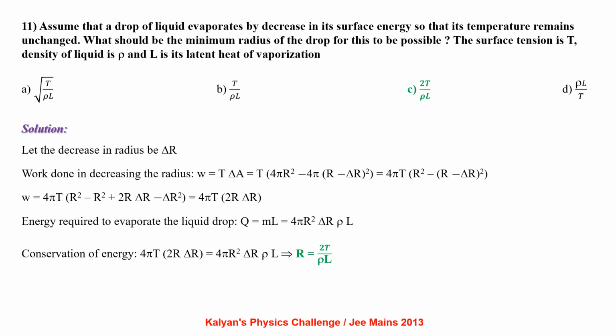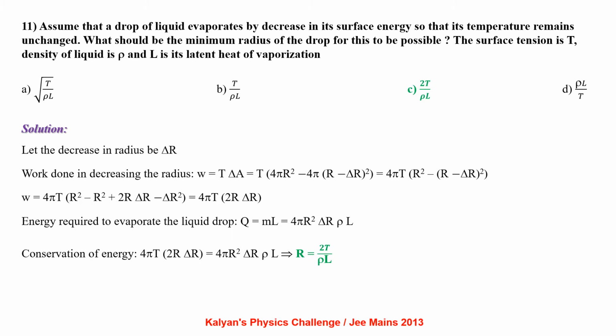Work done in decreasing the radius, W equals surface tension times delta A, that is T times (4 pi r squared minus 4 pi (r minus delta r) whole squared), which is 4 pi T times (r squared minus (r minus delta r) whole squared). Simplifying r squared minus (r minus delta r) whole squared, we have W equals 4 pi T times 2r delta r.